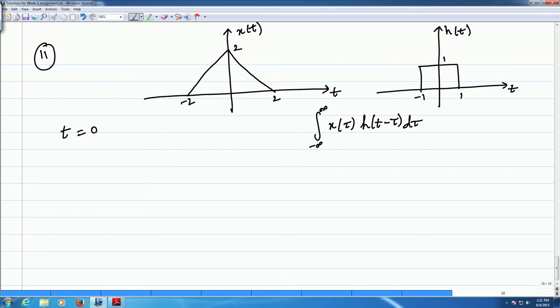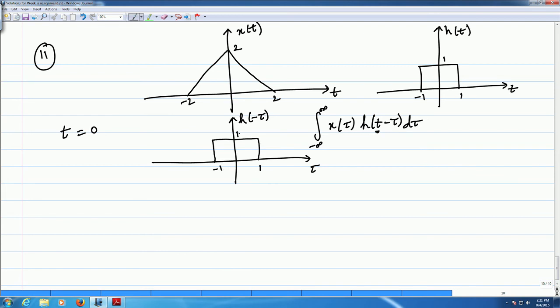Okay. Now, if you put t equal to 0, I have to plot h of minus tau versus tau here. Okay. That is simply going to be the same thing, right. So, it is going to be 1 from minus 1 to 1.